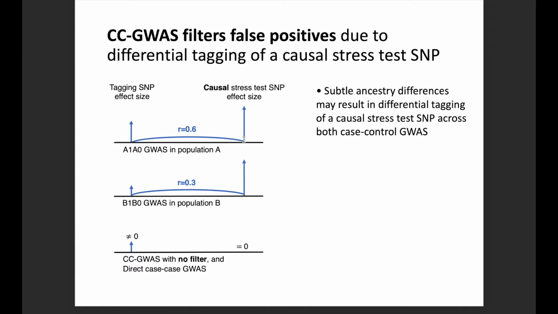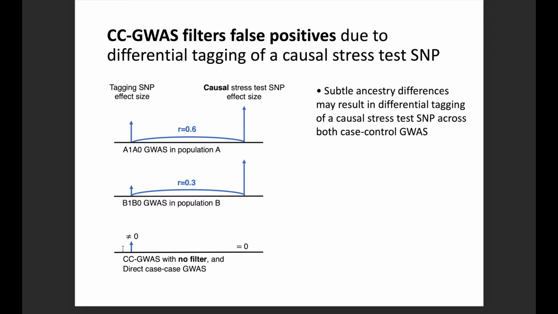But now suppose that you have a tagging SNP, which tags in population A, in which you study disorder A, with an r of 0.6, and in disorder B, it tags the SNP with an r of 0.3. Then when you look at the difference of the disorder A and disorder B effects, you do find a case-case difference.